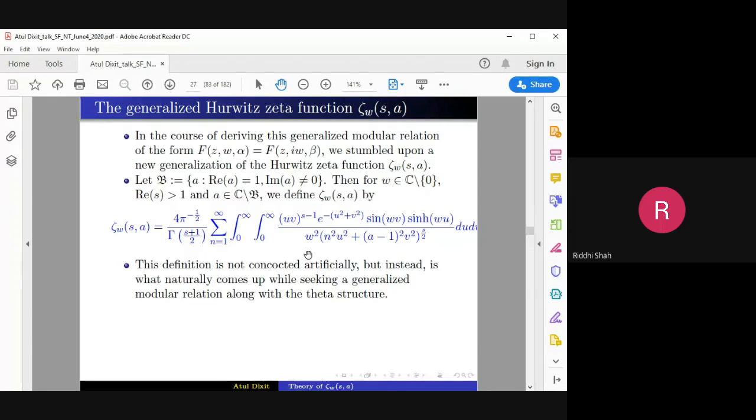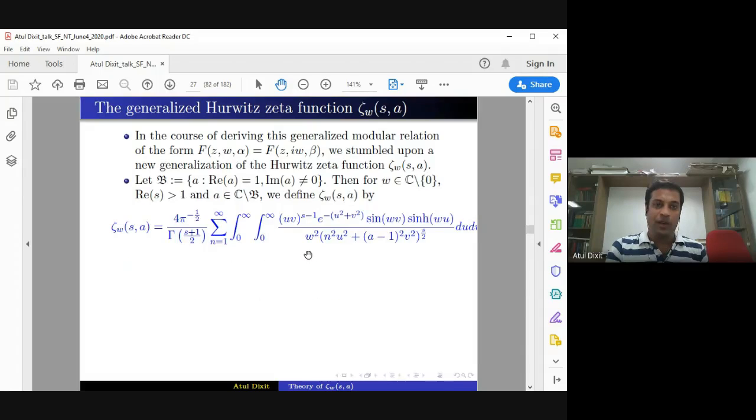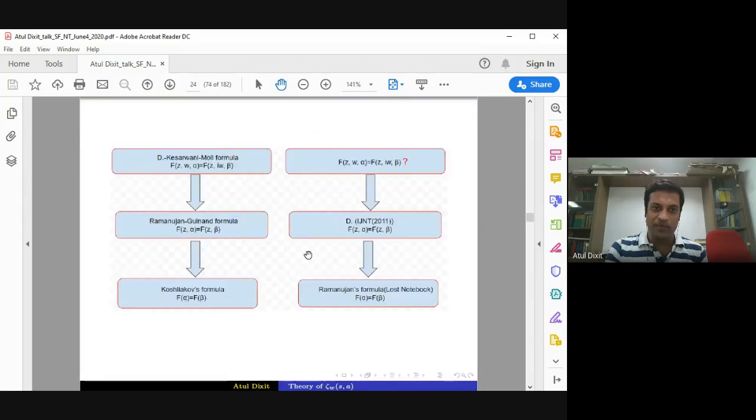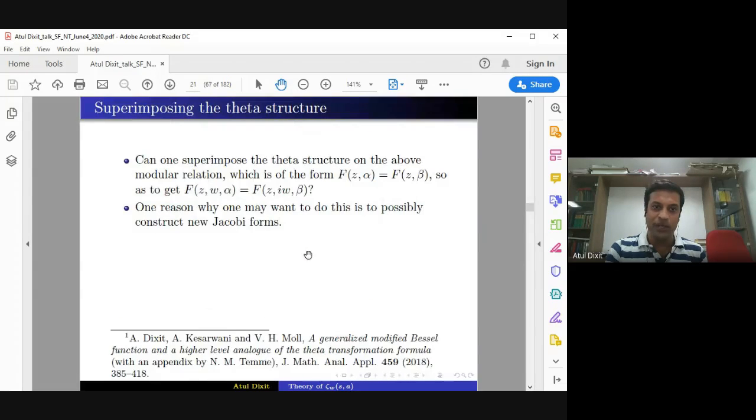Could you explain what the theta structure is? I mean, you explained that during the talk, but it was probably a little too fast. Okay. By theta structure, I meant that you have this general modular relation, and now you want to put in an extra parameter w, which makes that generalized function transform in this way.